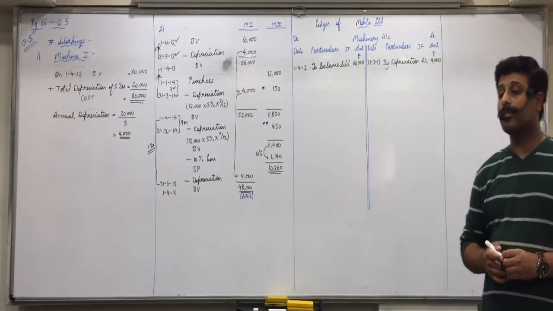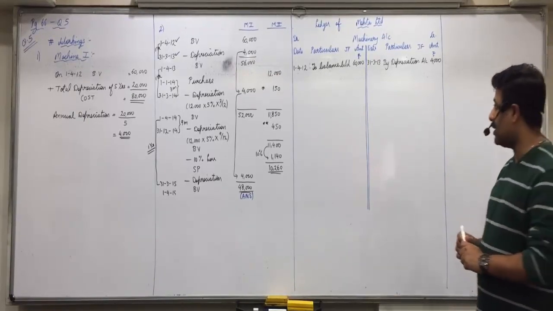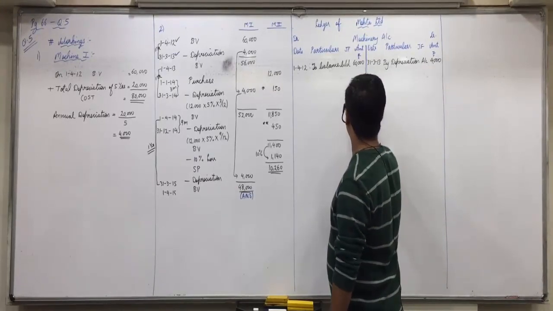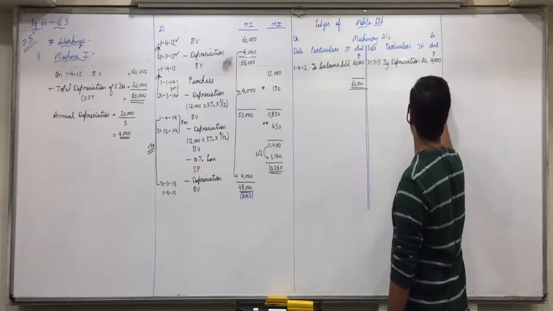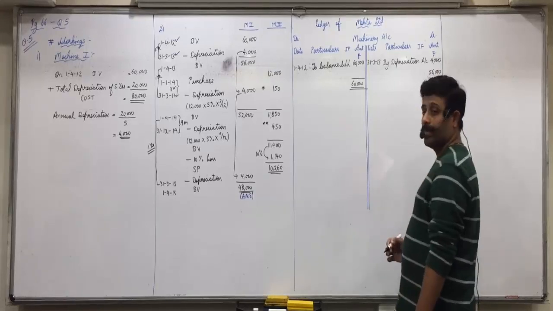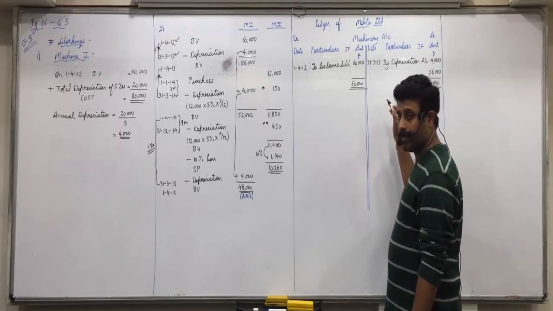Yes, sir. Then what next? Balancing. How will we do? 60,000 minus 4,000. Yes, 60,000 will come on both the sides. 60,000 minus 4,000, 56,000. Further? And balance carried down. Date? 31/3/13. Correct.